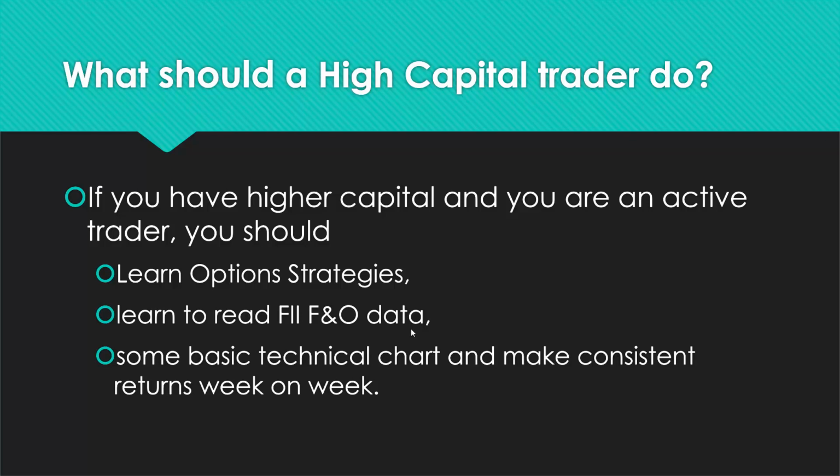So if you're a trader, if you have good capital, what should you do? You should learn some good option strategies. You should learn to read some basic F&O data. Also, you can learn some basic technical charts, and you can make consistent returns week on week. You can sell options based on technical charts.